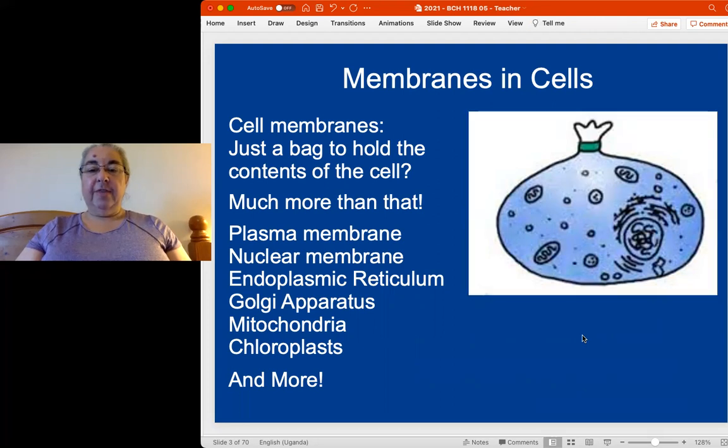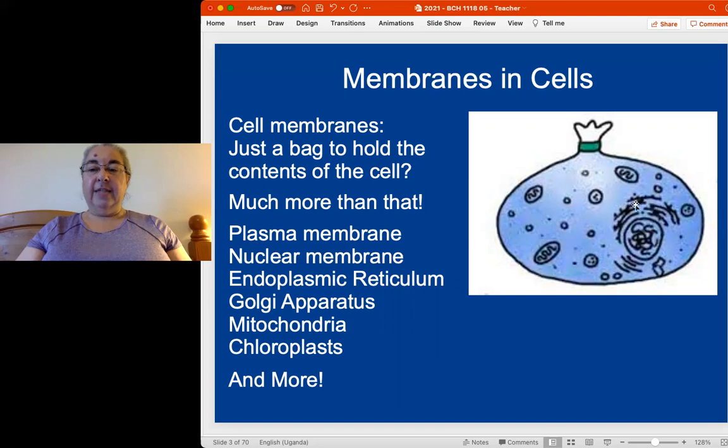If we think of the different membranes in the cells, to begin with, it's not just the membrane around the outside of the cell. There are lots of structures inside the cell that are enclosed in membrane. The outside of the cell has the plasma membrane or the cell membrane. Around the nucleus, we have the nuclear membrane.